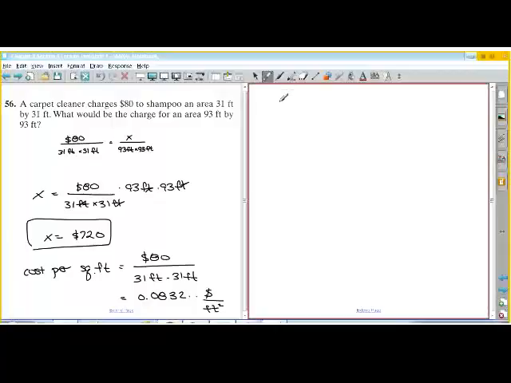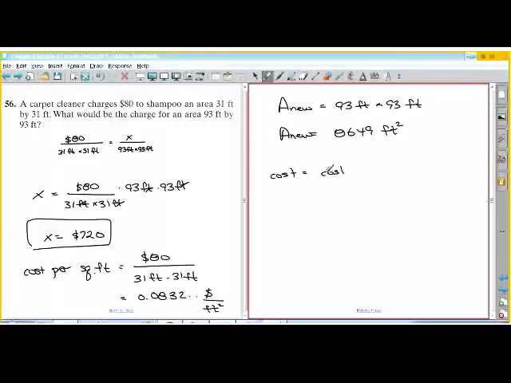So then to calculate the higher area, my new area is just 93 feet times 93 feet. It's a square, so I just multiply those two together, and I get that my new area is 8,649 square feet.